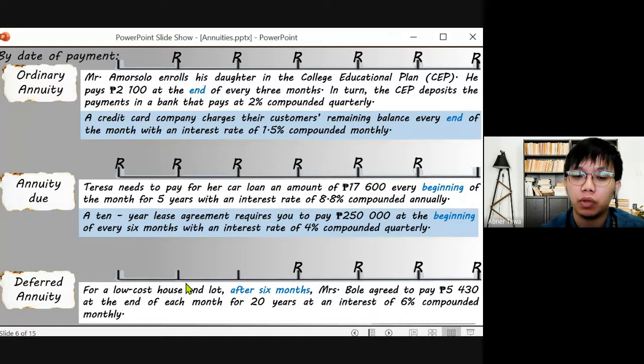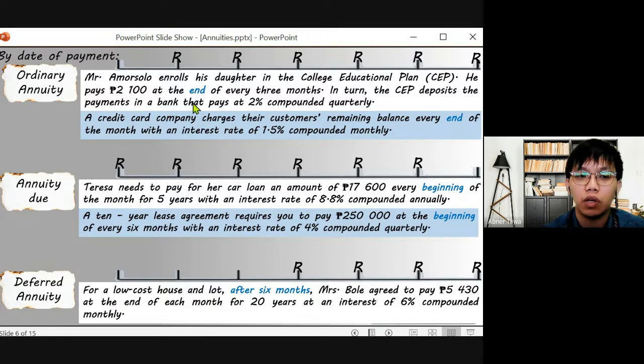For deferred annuity, the succeeding payments could be at the end or at the beginning, depending on the given problem. It's not always at the end. The problem we used has payments at the end for the succeeding payments, but it could also be at the beginning. So that is for deferred annuity.